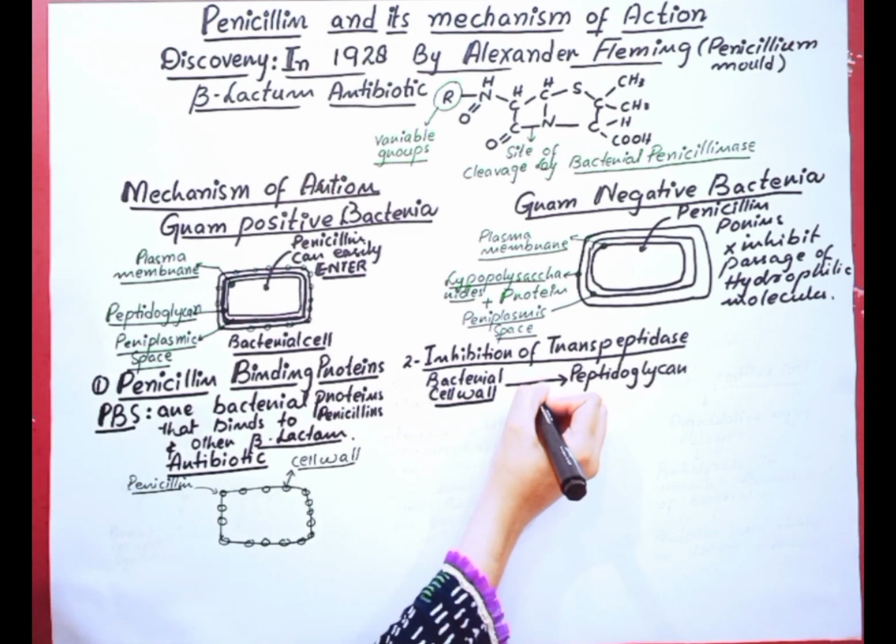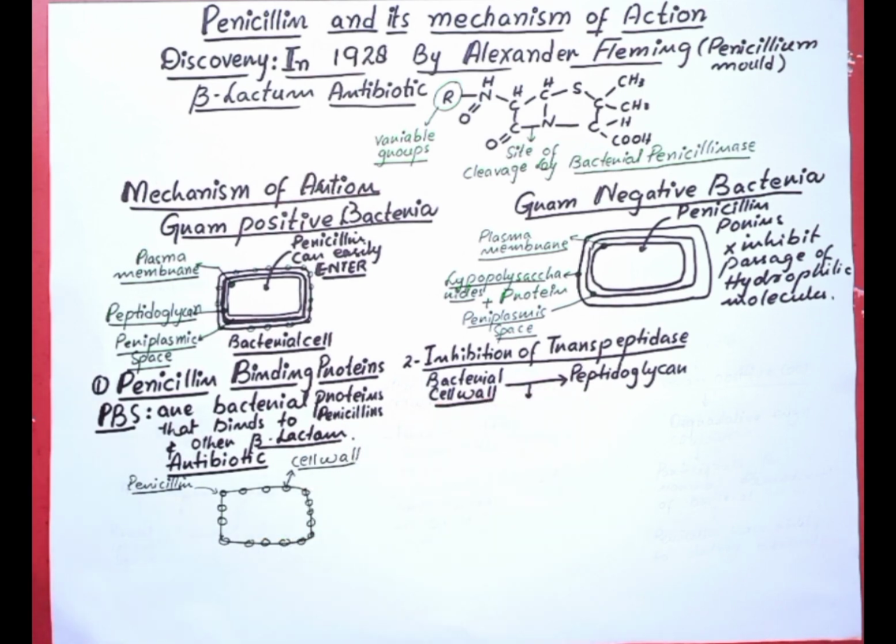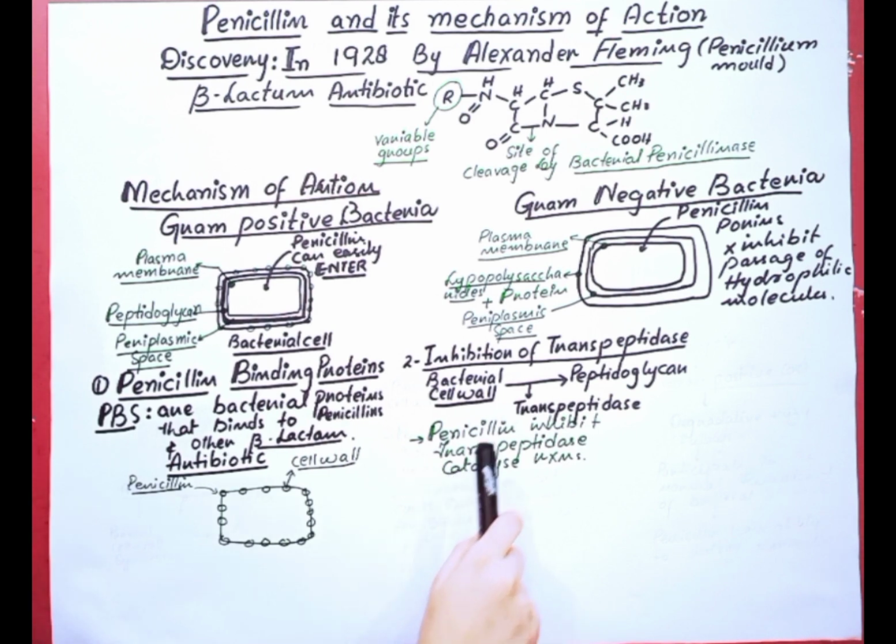For this formation, there is involvement of an enzyme called transpeptidase. Penicillin inhibits the transpeptidase-catalyzed reaction. In this way, penicillin hinders cross-linkage, which is essential for bacterial cell wall synthesis.